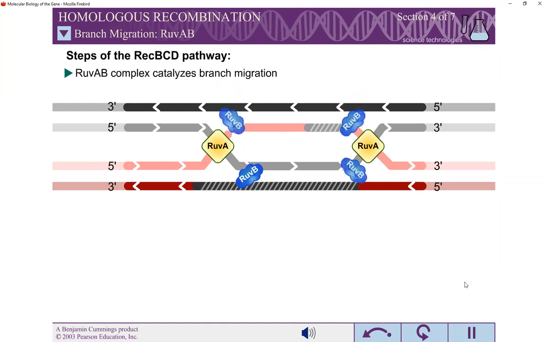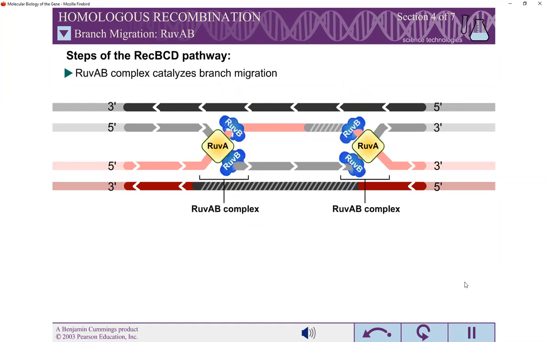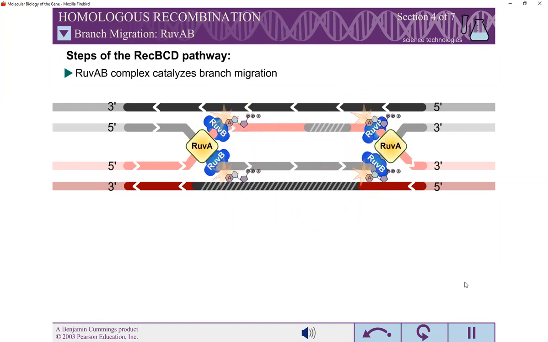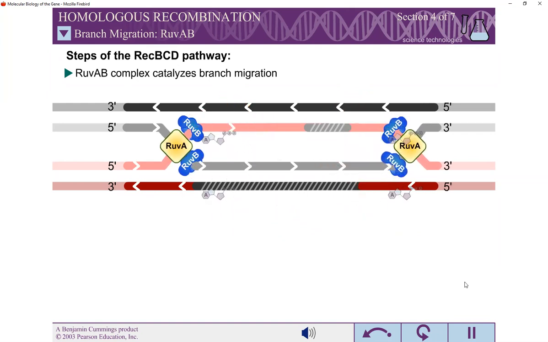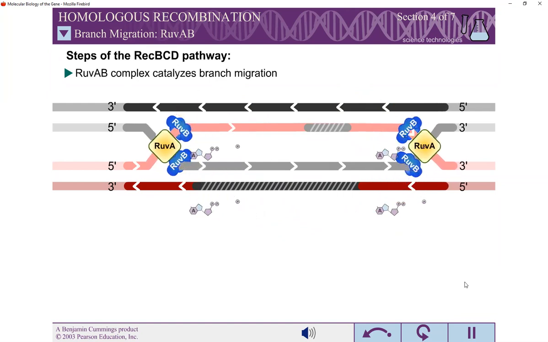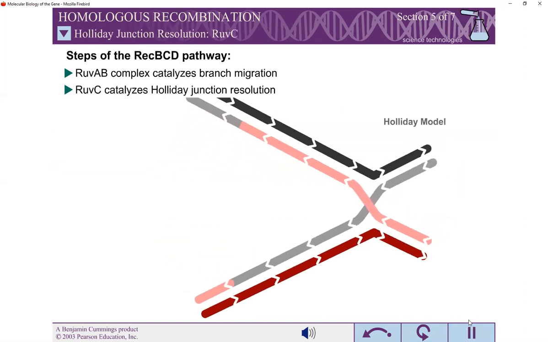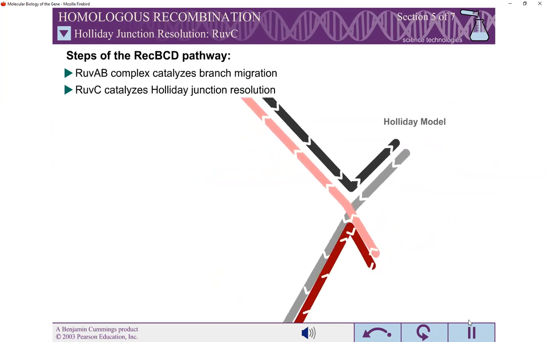Next. RuvA recruits two hexamers of RuvB to each Holliday junction to form RuvAB complexes. RuvB is an ATPase, and ATP provides the energy to drive the exchange of base pairs during branch migration. This is where branch migration is going to take place. Next. The final step of the RecBCD pathway is Holliday junction resolution.